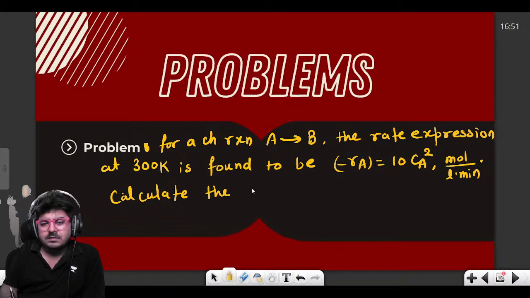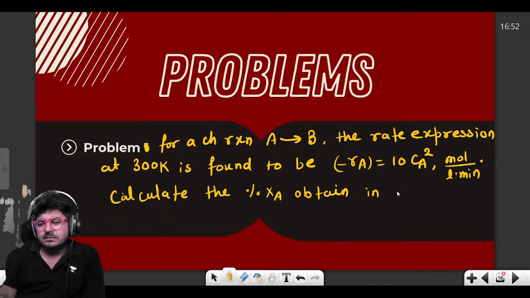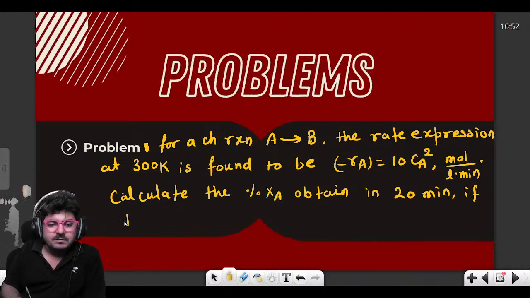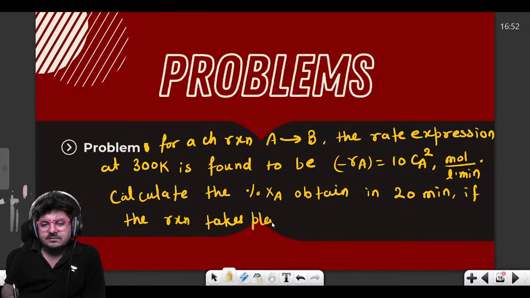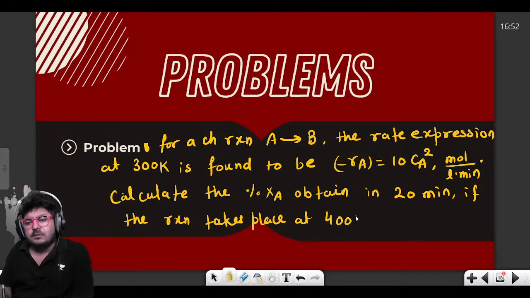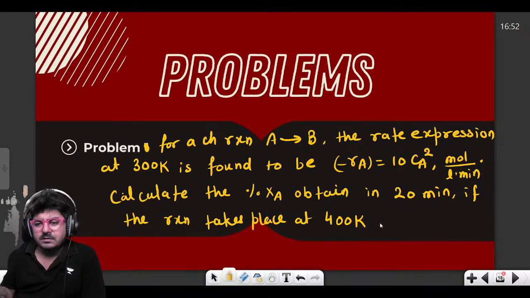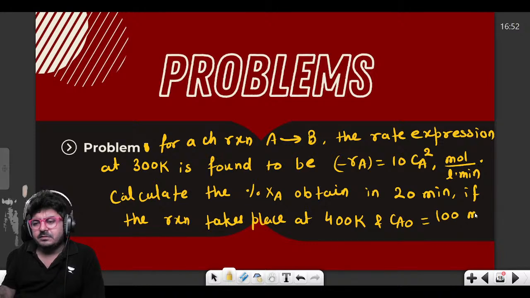Calculate the percentage conversion of A obtained in 20 minutes if the reaction takes place at 400 Kelvin, and CA0 is given as 100 mole per meter cube.